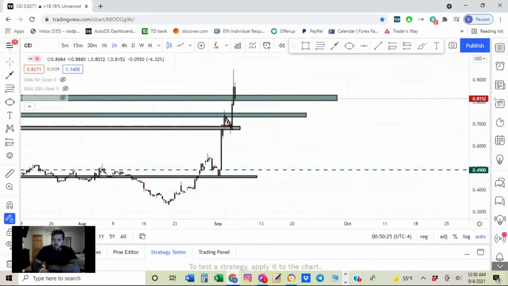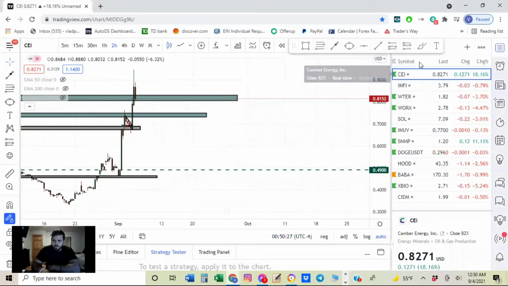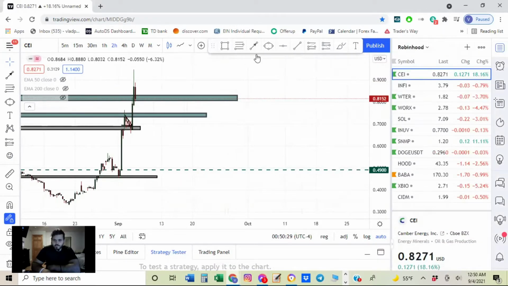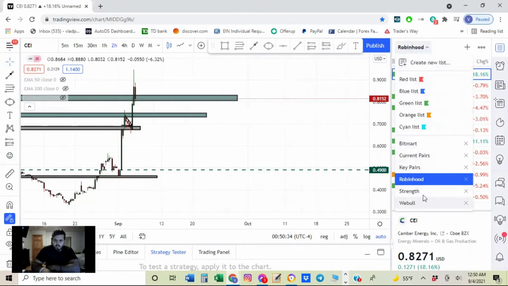And also if you go on this tab right here, let me just move this. I do have different lists of what I'm trading on Bitmart, what I'm trading on Robinhood, Webull, and different Forex pairs.